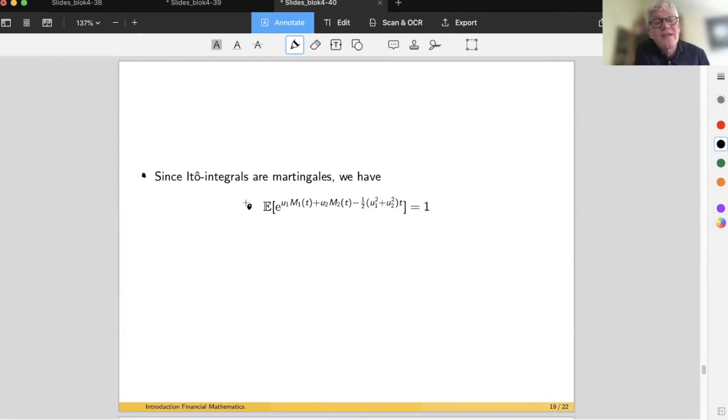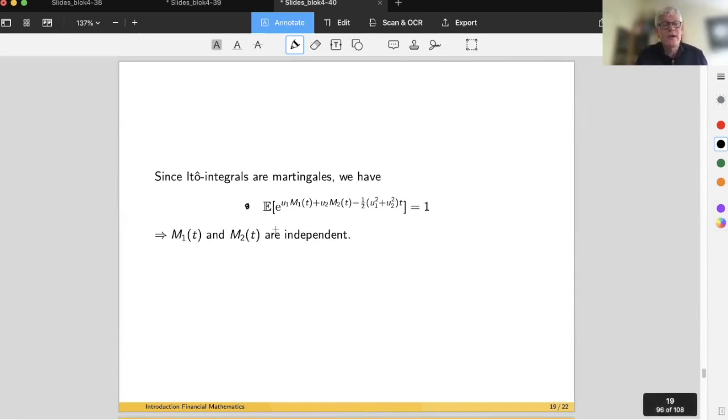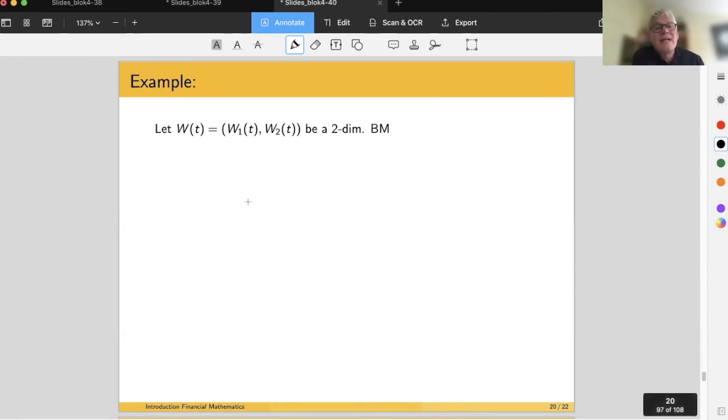So what we have is indeed what we were looking for: the expectation of e to the power u1 M1(t) plus u2 M2(t) minus 1/2 (u1 squared plus u2 squared) times t is equal to 1. That is the form we were looking for, and it tells us essentially that M1 and M2 are independent, and that was exactly the notion we were looking for on the basis of these moment generating functions. Now let's have a nice example.